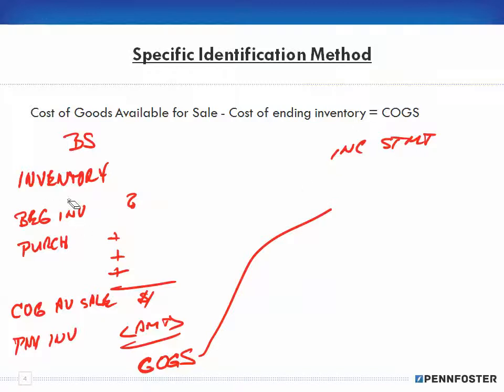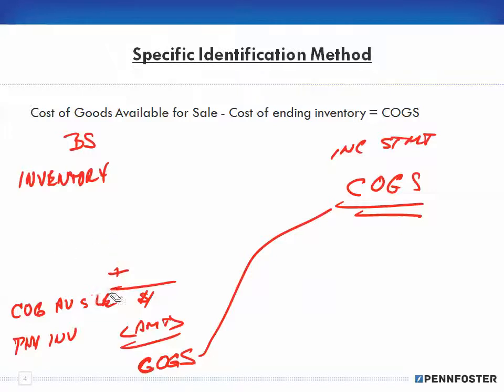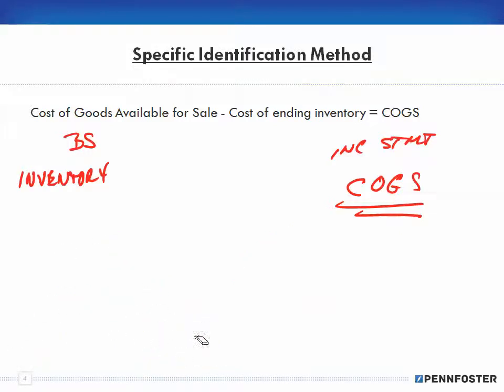However, in that theory, we're talking about buying a lot of stuff and not paying attention to so much what's been sold and making the transfers from inventory over to your cost of goods sold over on the income statement. With the specific identification method, it works for things such as automobiles, and that's my best example of it.